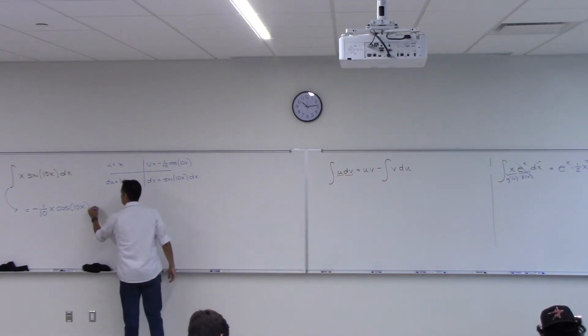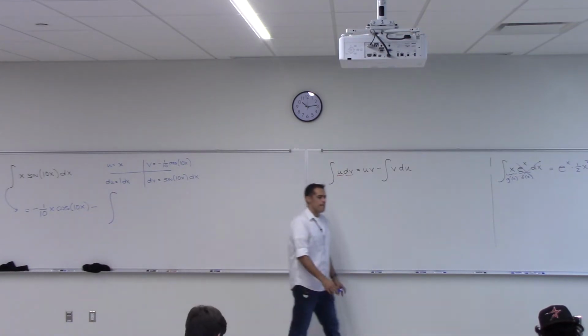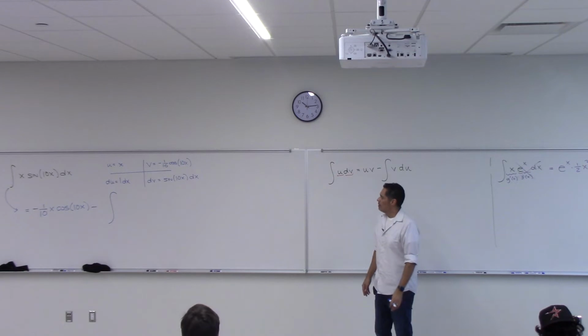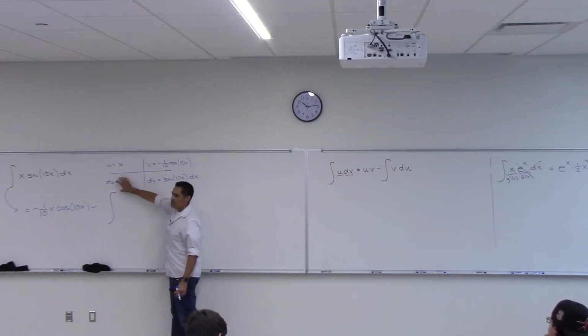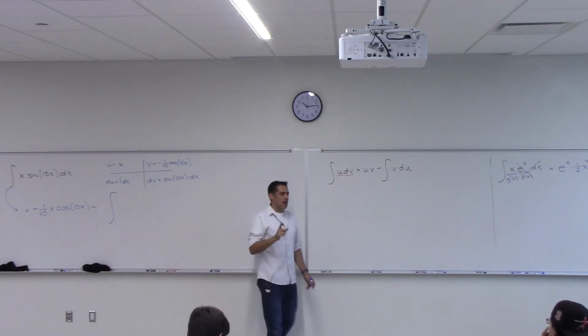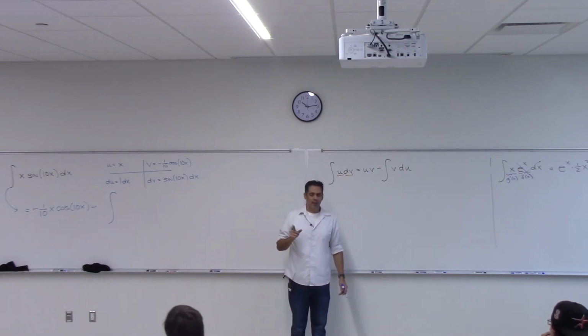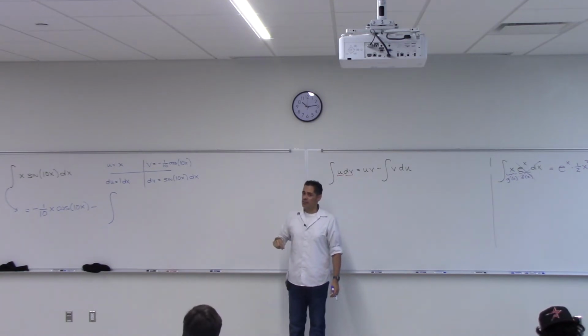Then minus, and then I have an integral, right? When I do this times this, that negative 1/10 right there is a constant, right? And it can come out of the integral. So I'm going to take it out right now. Is that too much?